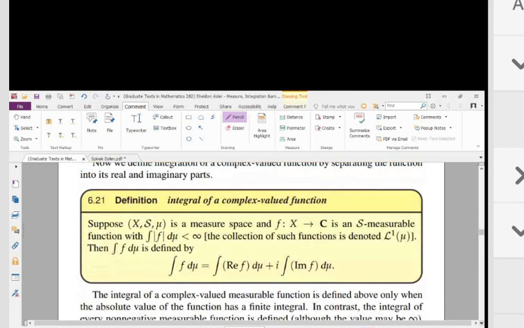Now we have this definition. This is very important for you: the integral of a complex valued function.